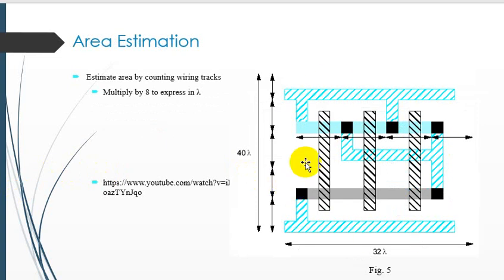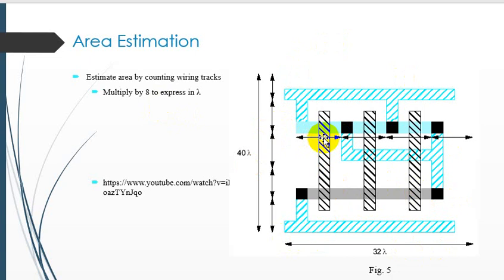Here is the stick diagram of a 3 input NAND gate, and we are going to find out the area of that particular gate. How do we find the area? Let's start with the width. On the vertical side you can see 4 wire tracks.